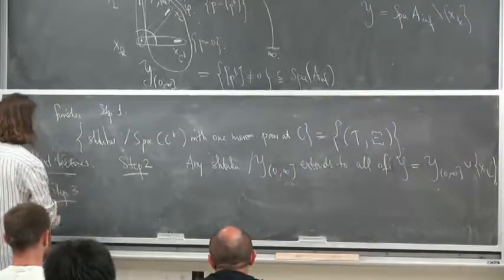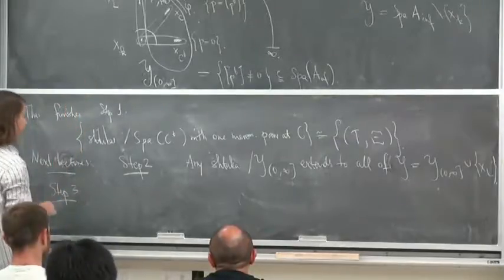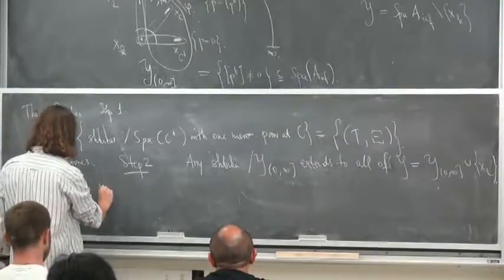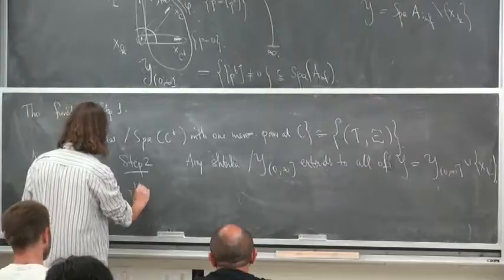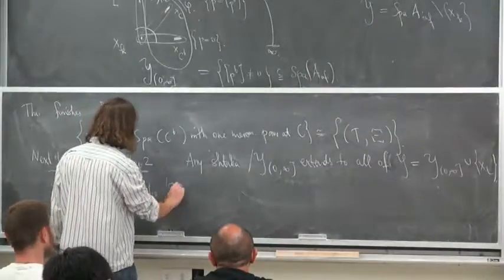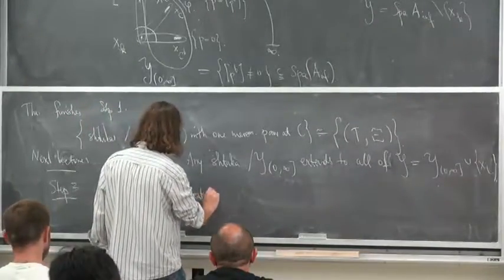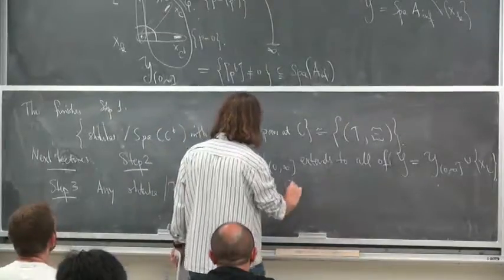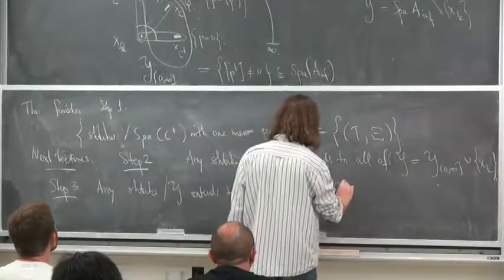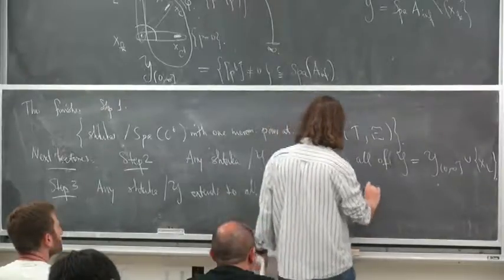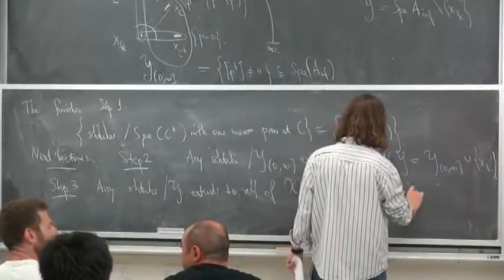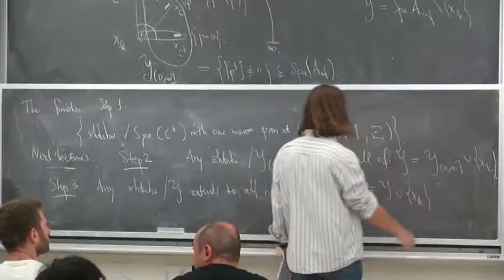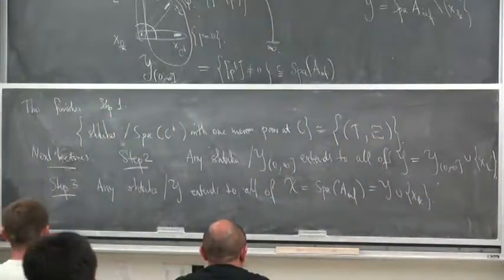And once you've done that extension, step 3 is to extend also to the last remaining point. So any Stuka over y extends to all of x. L was the fraction field of W of k, yes.